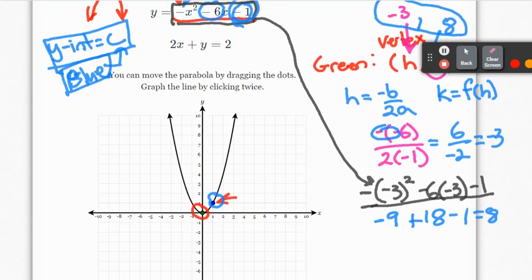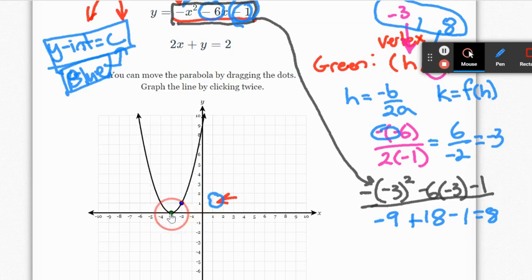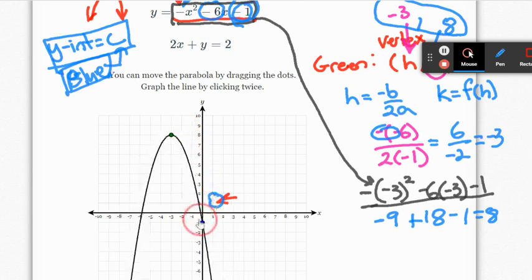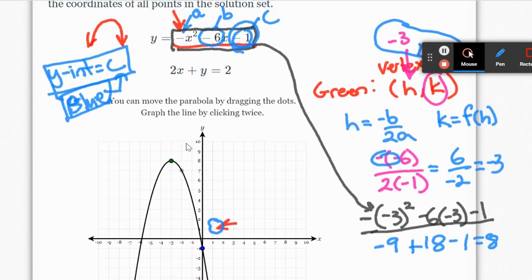So let's go ahead and move our two dots on this screen. So the green dot goes to -3, 8. And then we grab the blue dot and just drag it right on down to -1. And then the graph is now a sad face parabola, as I said it was going to be at the beginning, and it's in the right location. So that was how we put the quadratic in the right place.